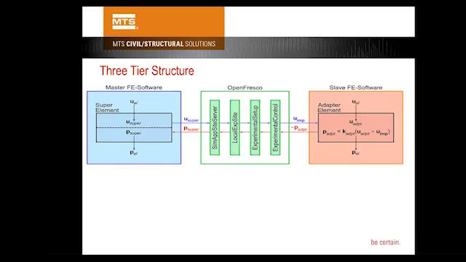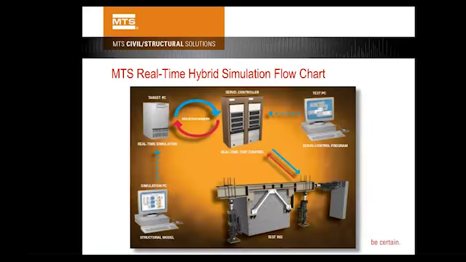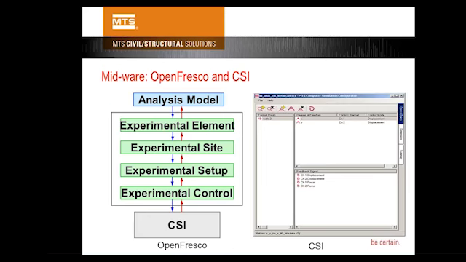So OpenFresco sends the command to CSI. Then CSI gets the command directly sent to the control channel. So then this control channel is occupied. So the MPT cannot get access to that channel anymore.